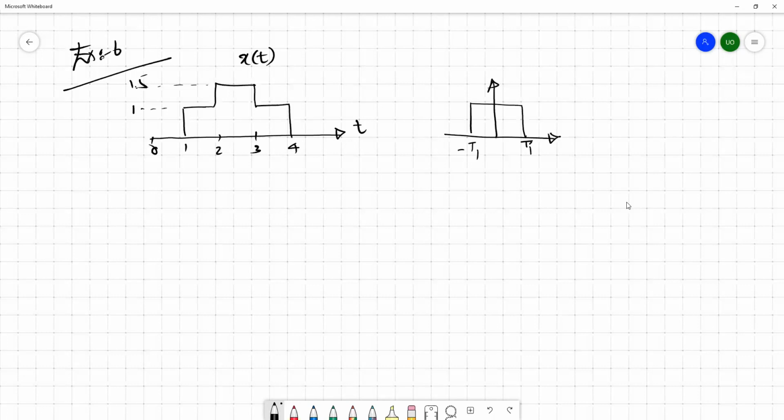So this is your Fourier transform. We obtain the Fourier transform of this one as 2 t1 sinc(omega t1). So this is the Fourier transform of this.